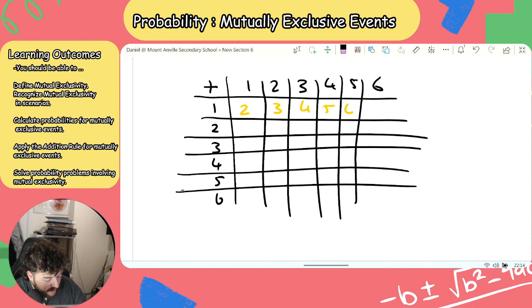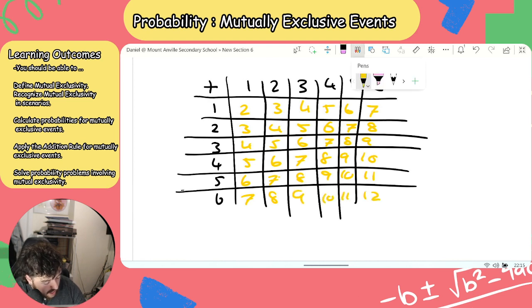It'll be 4, 5, 6, 7. 2 plus 1: 3, 4, 5, 6, 7, 8. 3 plus 1: 4, 5, 6, 7, 8, 9. And so on, up to 7, 8, 9, 10, 11, 12.